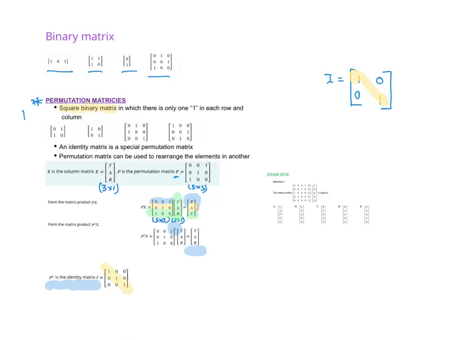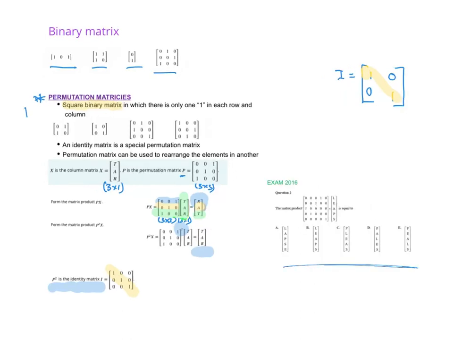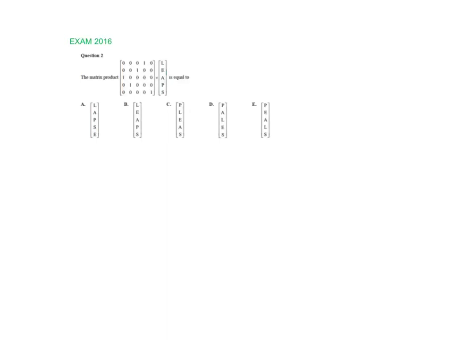Okay. We're going to have a look at an example, but there's not much room, so I've put it on the next page. If we look at this example, they've got a permutation matrix in front of another one, which has got letters in it, so it's LEAP.